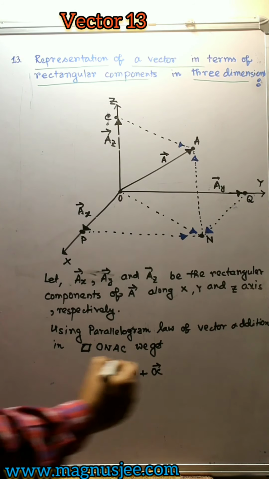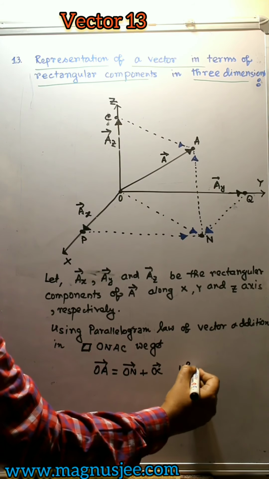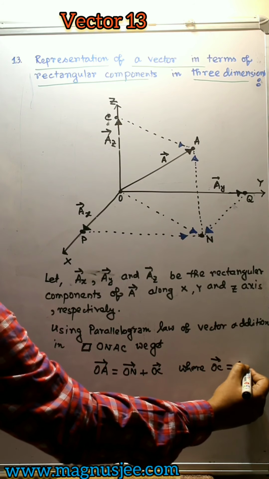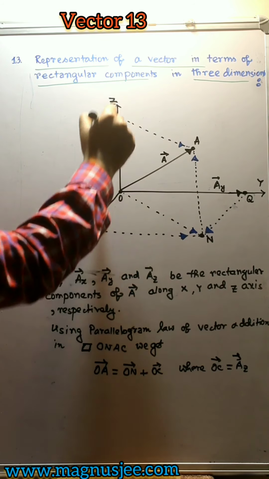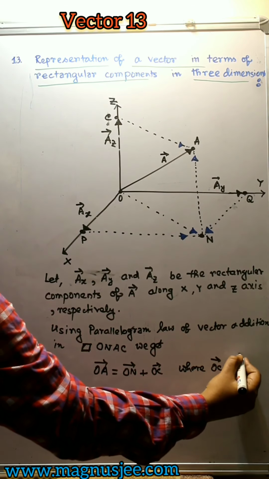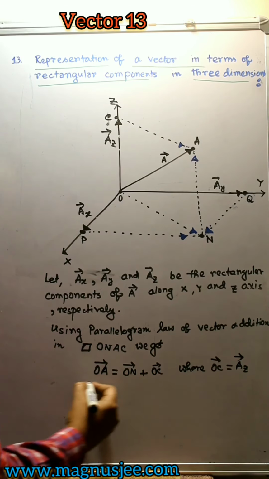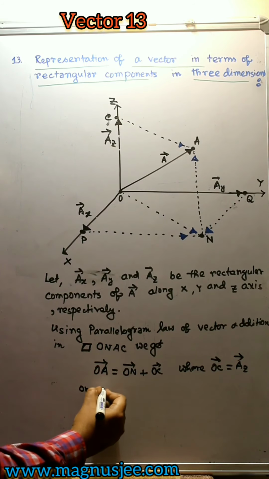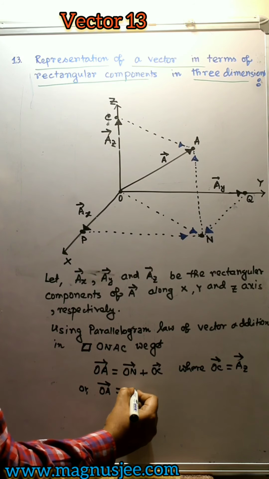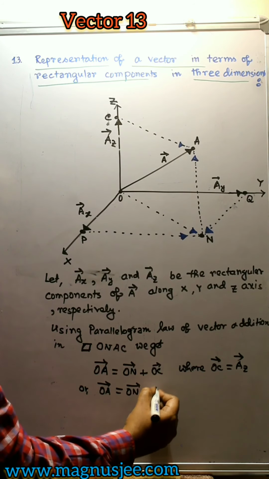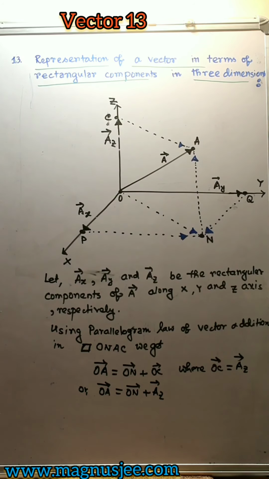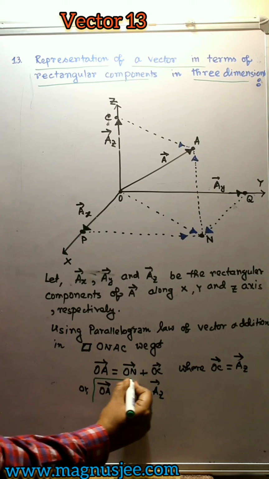That means the diagonal will be equal to the sum of two adjacent sides, where vector OC is equal to vector AZ. So vector OA equals vector ON plus vector AZ. This is equation 1.